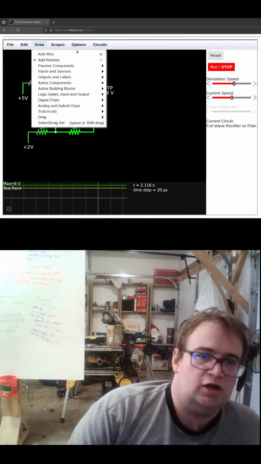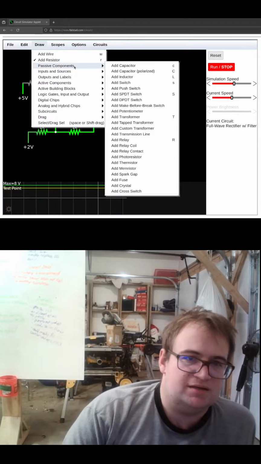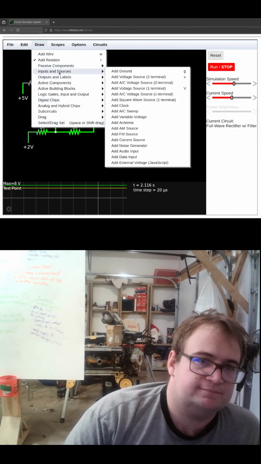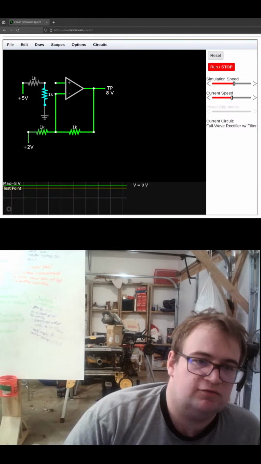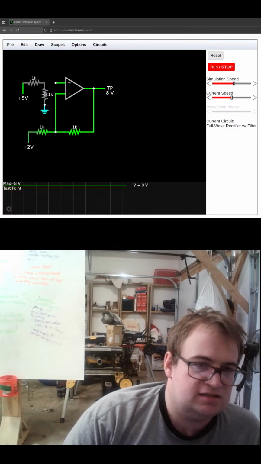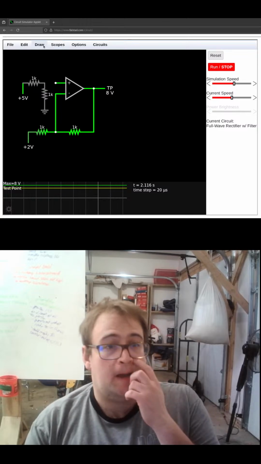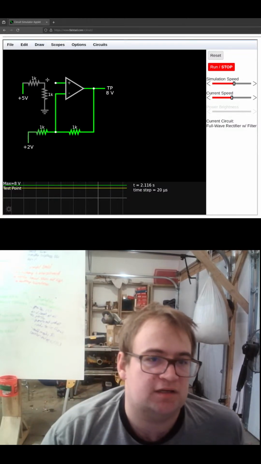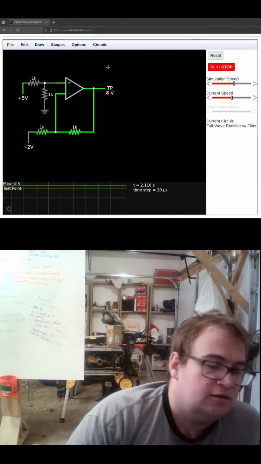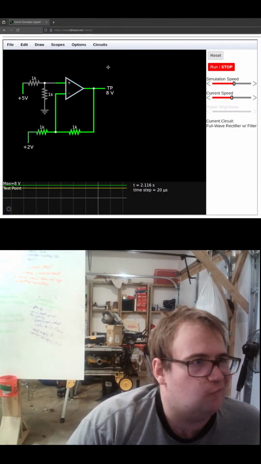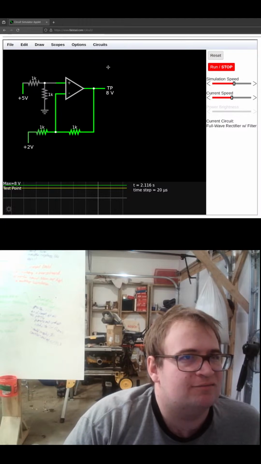I should do some logic ones later, because that's what I was doing just recently, and I actually bought myself an icebreaker. An icebreaker is a logic gate or programmable logic controller. No, that's not really what it is.